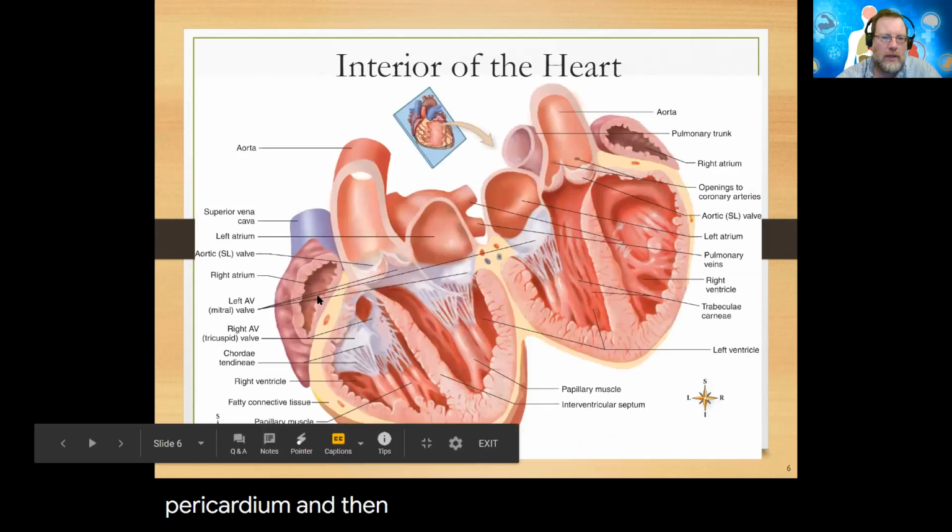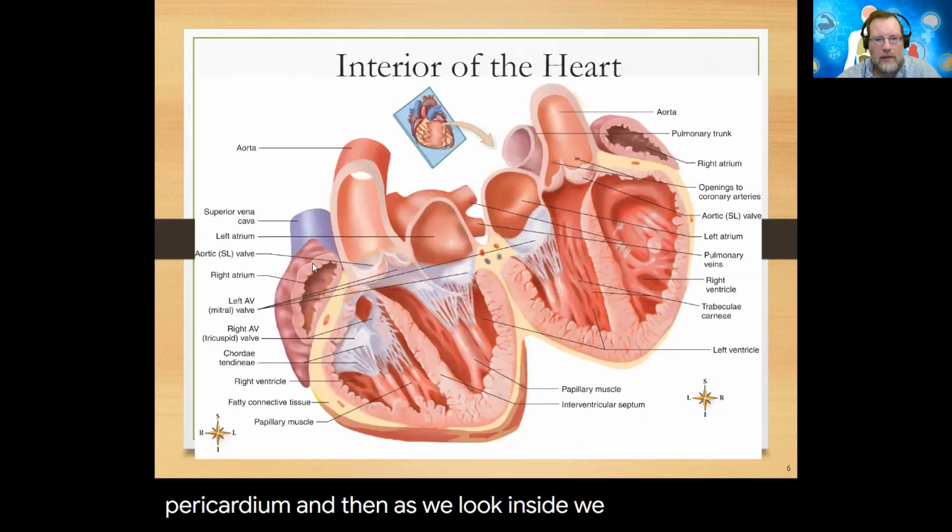Okay, and as we look inside, we again notice that the right atrium and left atrium, the two atria, are smaller chambers. They are more flexible and can expand a lot better than the ventricles.